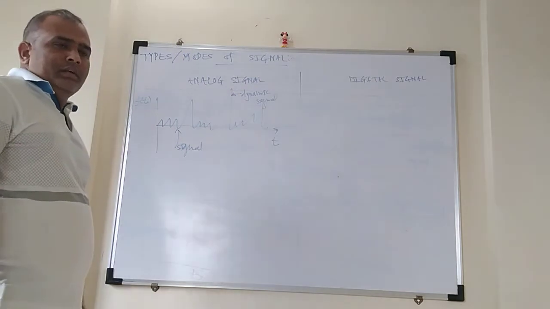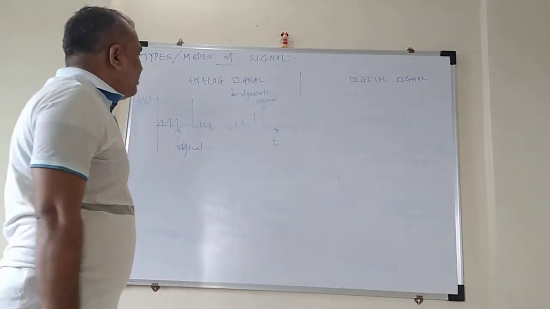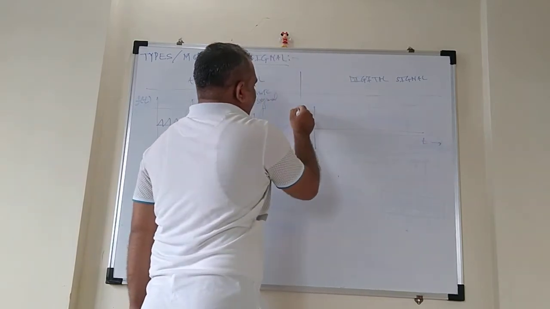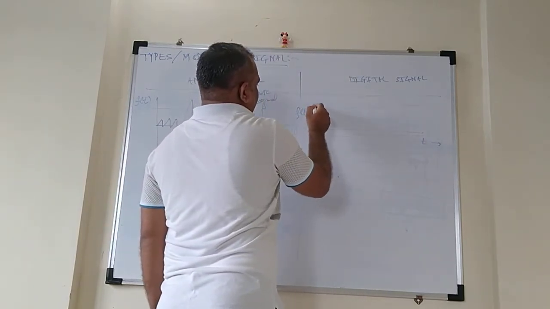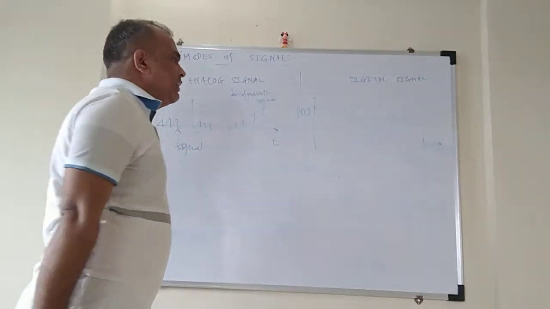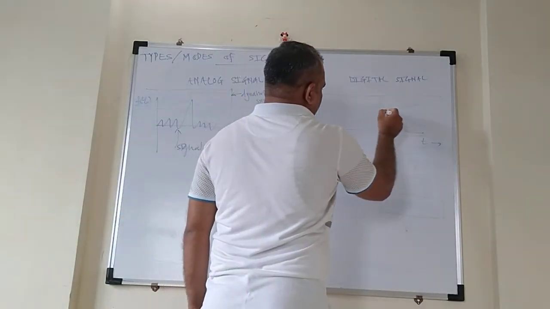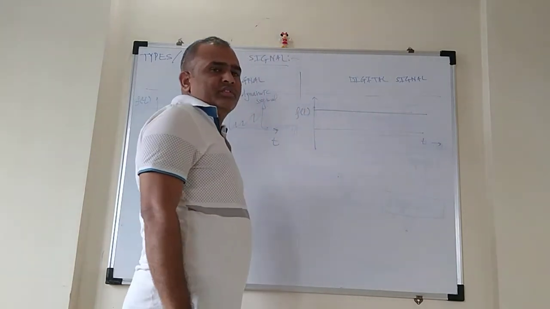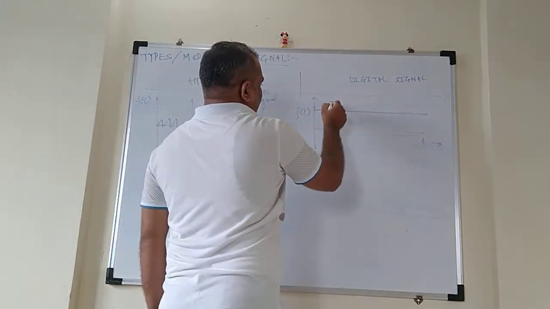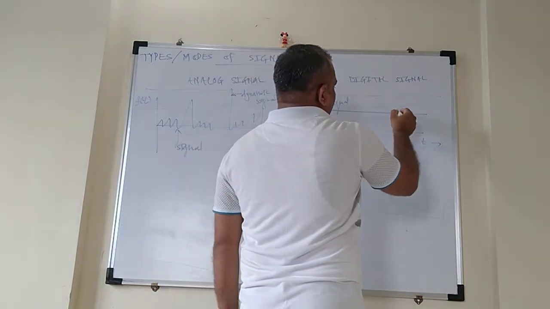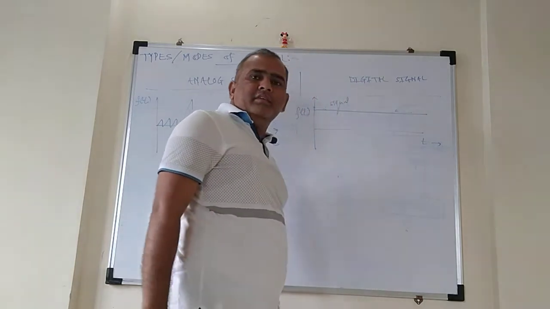But there are some kinds of signals which vary with time, but the variation is not dynamic. The signal may be like this, constant. If the signal is constant, then this is also a kind of signal. So I can say this is a signal, but this signal is constant. It's not varying with time.